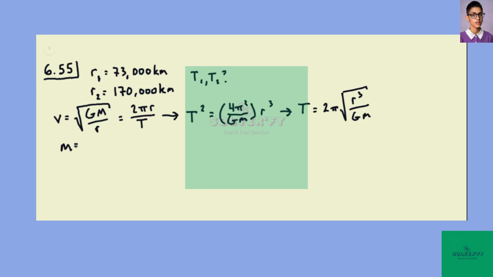We're told that the mass of Saturn is 5.7 times 10 to the 26th kilograms, which is quite large, as you would expect for a gigantic planet, which Saturn is.